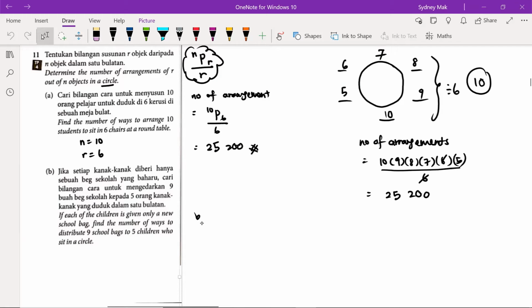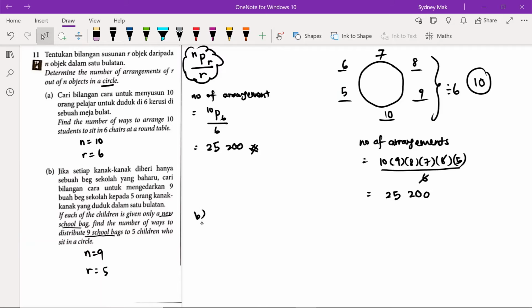For question B, if each of the children is given only a new bag, find the number of ways to distribute 9 school bags to 5 children who sit in a circle. It's the bags that go to the children, like the students go to the chairs. So n equals 9, and r equals 5.